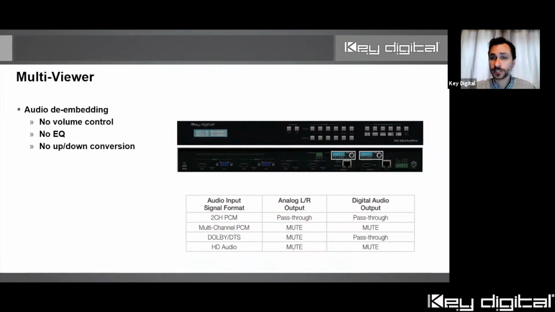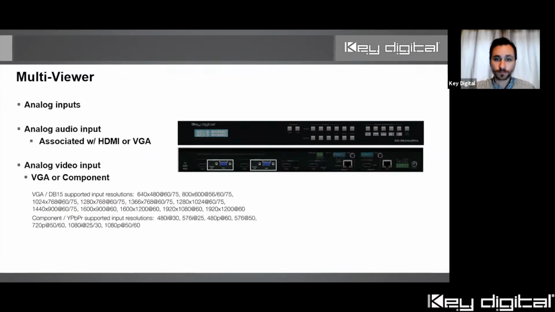So this is really something that should feed an amplifier or a DSP or a product that has the volume control. On the input side, you may have noticed 2 of the 4 inputs have analog VGA, for computers and whatnot, and an analog audio input as well.